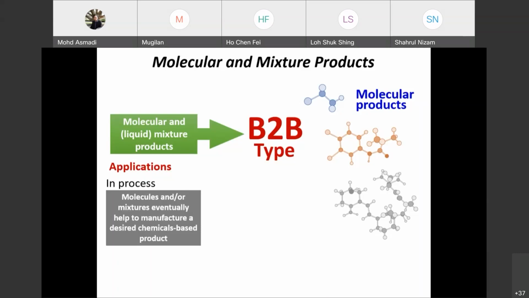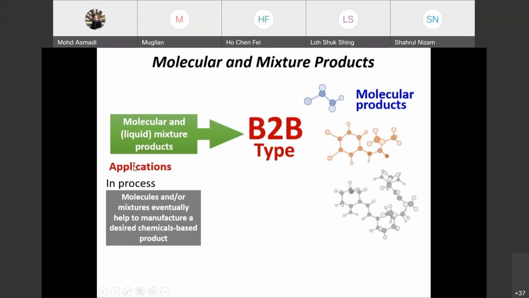If you can hear that, the molecular product can be divided into three: application for the mixture, formulated chemical base, active ingredient. That one I will explain later. So it can be divided into 1, 2, 3, A, B, C.